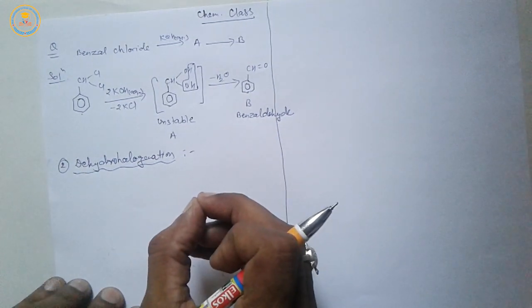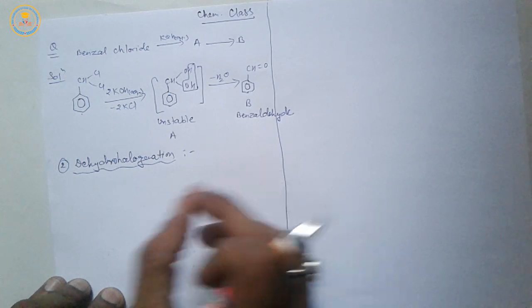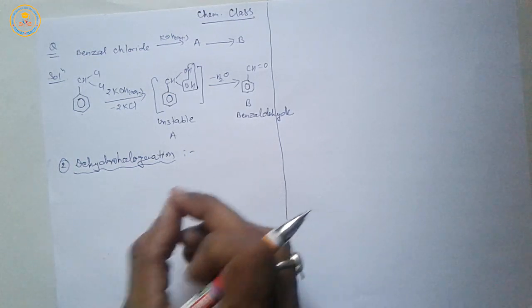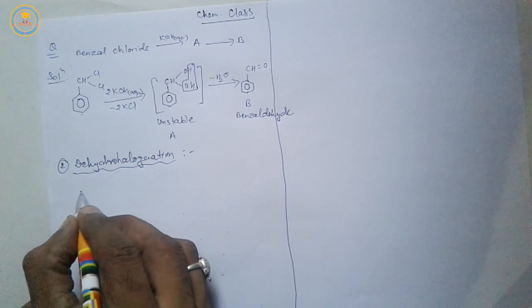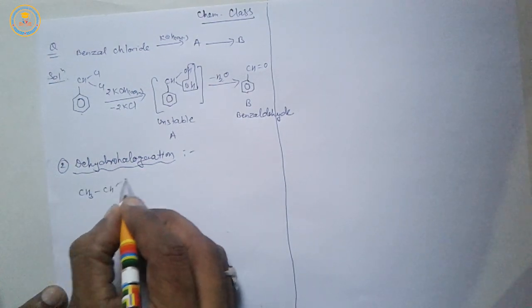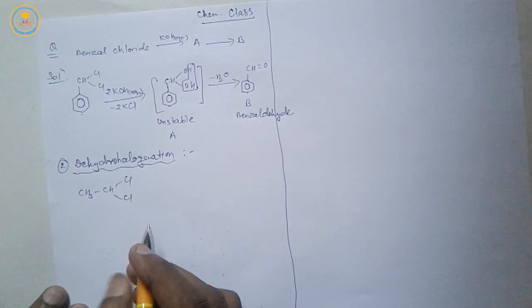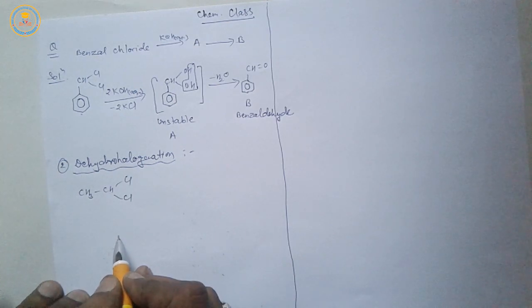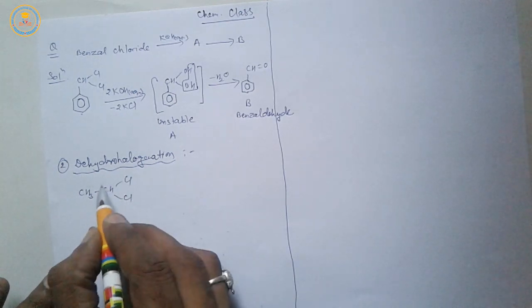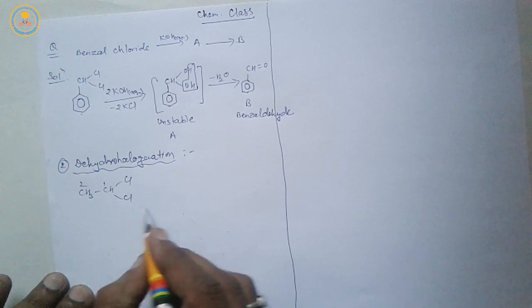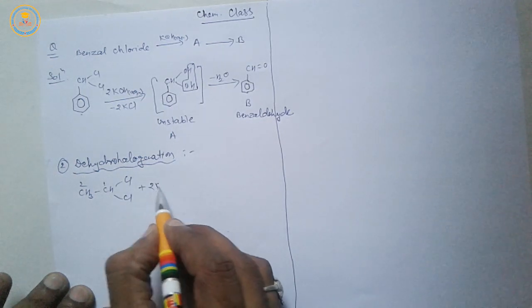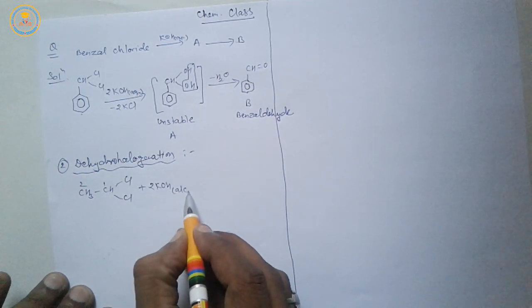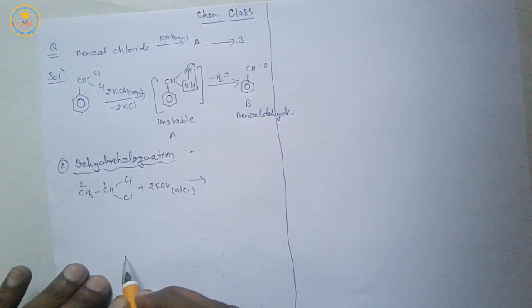Geminal dihalides react with alcoholic KOH, then they form alkyne. For example, it is a gem dihalide molecule, 1,1-dichloroethane, treated with alcoholic KOH.